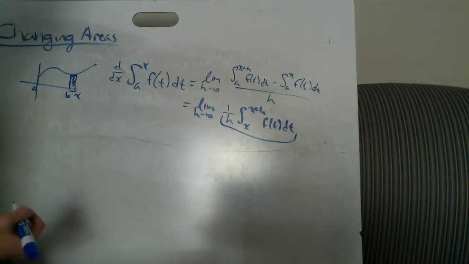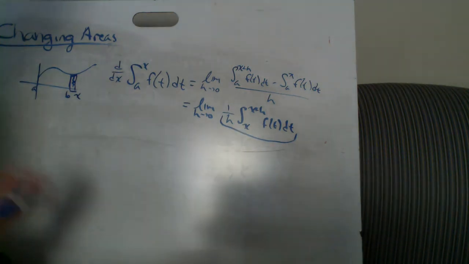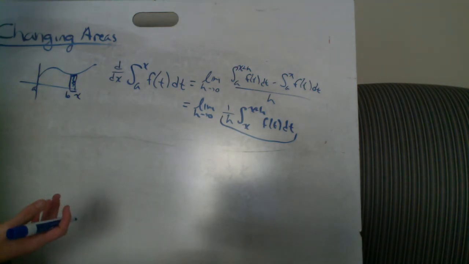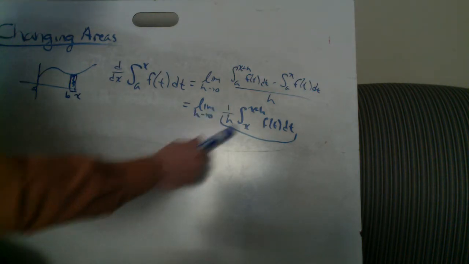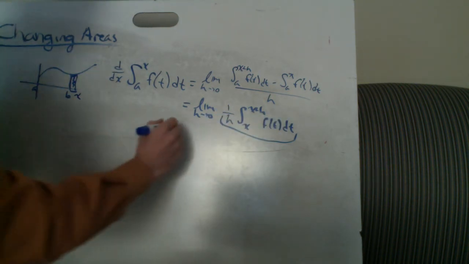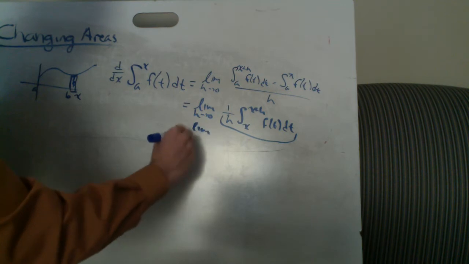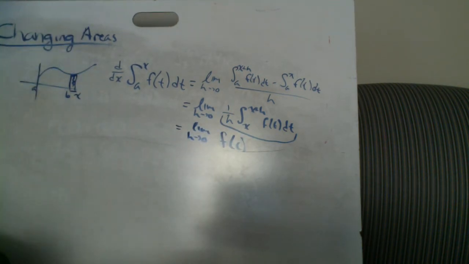Which says that if I have this nice function and it's integrable on the whole interval, then there exists some c in that interval where f of c is the average value of the function. And the average value of the function is this. So that means I can just rewrite this as f of c, where c is in the interval.